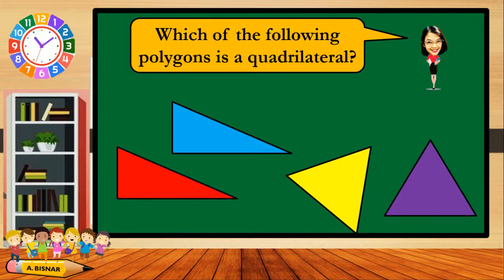Okay. So, from the illustrations that you can see, there's no quadrilateral. Because all the given figures, all the given polygons are all triangle.